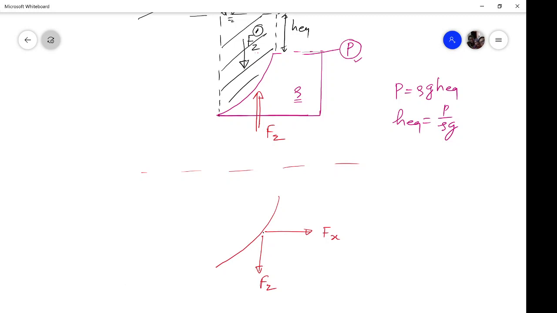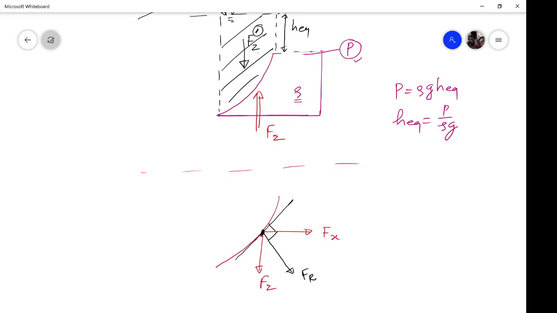Then the resultant force will always be such that if you draw a tangent at that particular point where the force is acting, the force has to be normal. Why? Because if it is not normal, then there must be some component which is tangential, and that will cause motion. Because you know fluid cannot resist tangential forces.